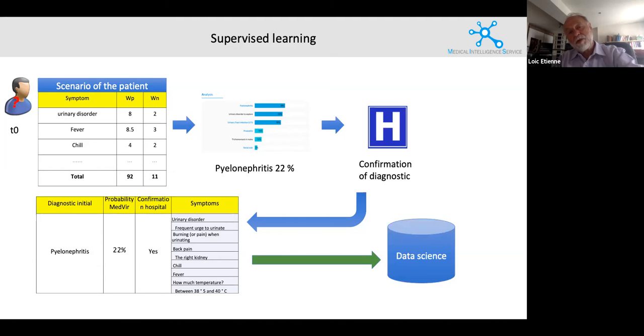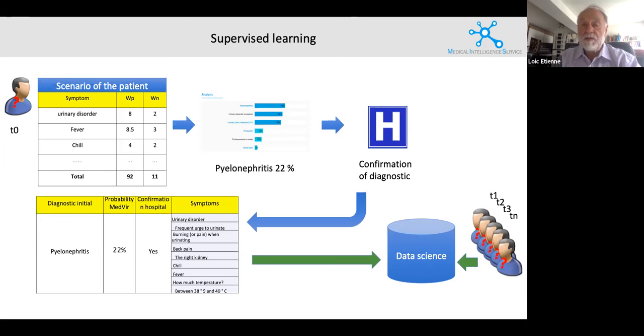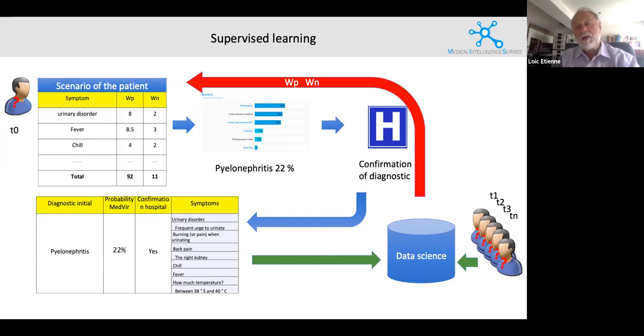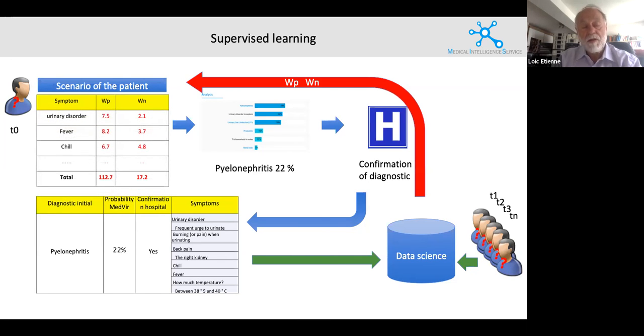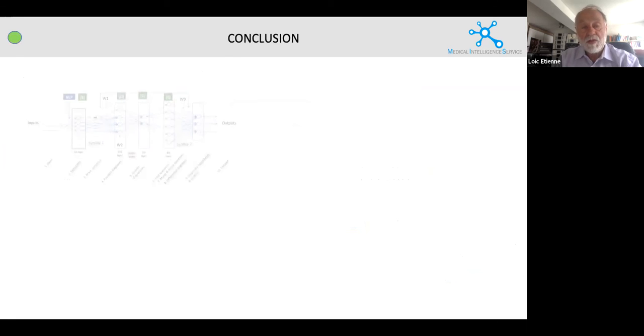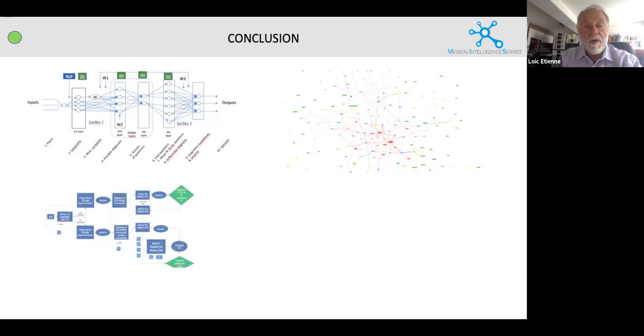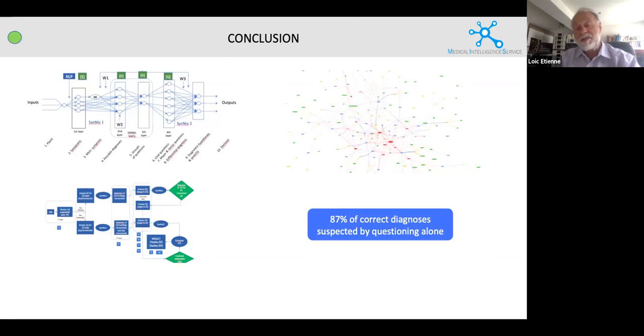The scenario gives pyelonephritis with a percent of 22%, and after confirmation of diagnosis by the hospital, it goes in the container, and the container is able to give new positive and negative weights, and it changes the weights in the system.